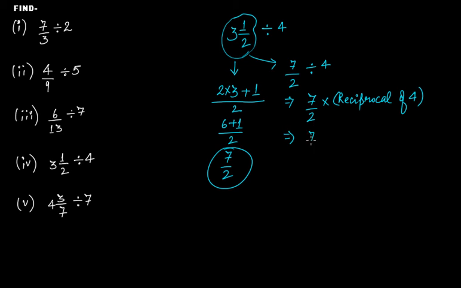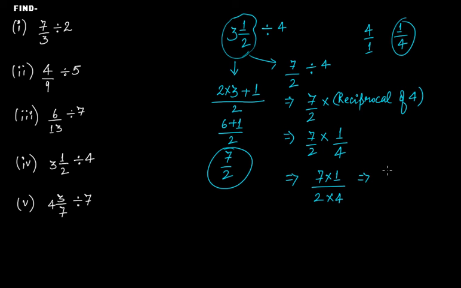What will be the reciprocal of 4? 4 can be written as 4 over 1, and the reciprocal of 4 over 1 will be 1 over 4. The denominator has been made the numerator and the numerator has been made the denominator. So this is the reciprocal, 1 over 4. This will become 7 times 1 and 2 times 4. So this will be 7 over 8.